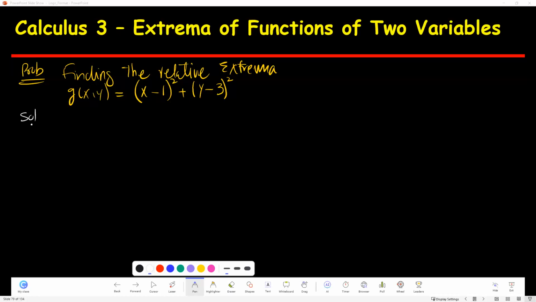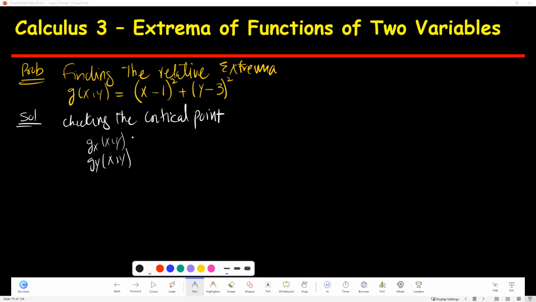And it's pretty simple. You take this function and we apply it by checking the critical point. We're going to check gx and gy.